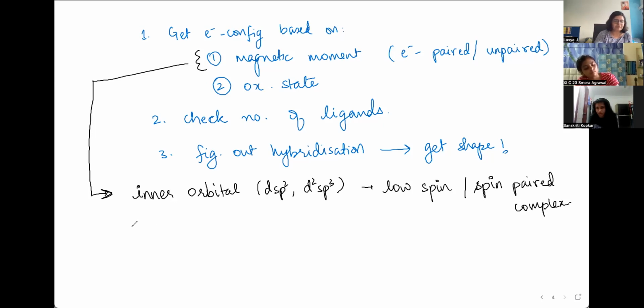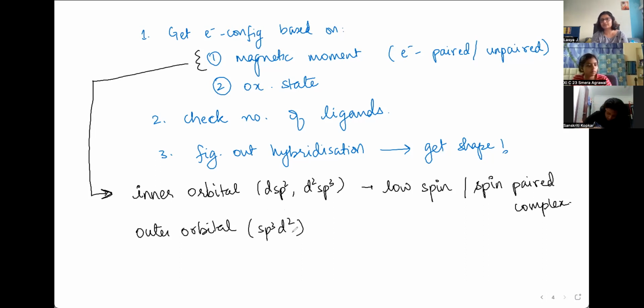And the other type of complexes are outer orbital complexes, where the outer orbital is taking part in hybridization, sp3d2, for example. So the 4d orbital is hybridized, not the 3d. This is usually characterized by high spin, also called a high spin complex, or spin free complex.